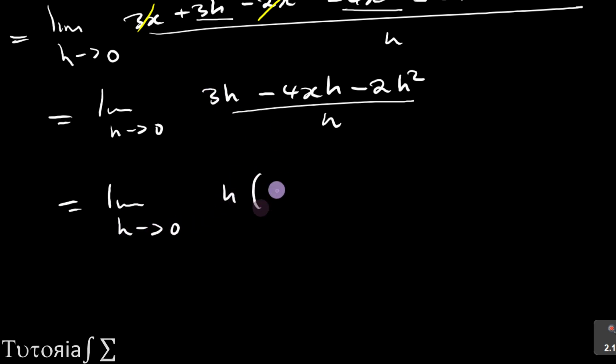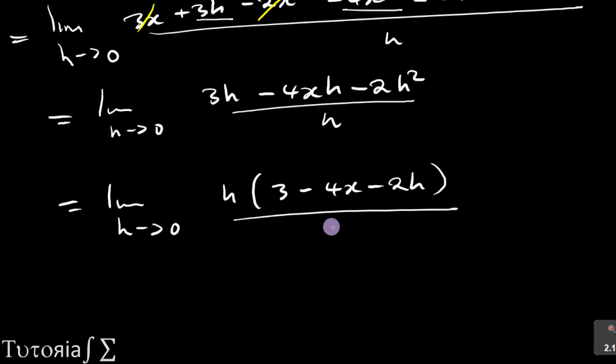Factoring out h, we're going to have 3 minus 4x minus 2h all over h. So we see that this h and that h cancel out, and what we remain with is the limit as h approaches 0 of 3 minus 4x minus 2h.